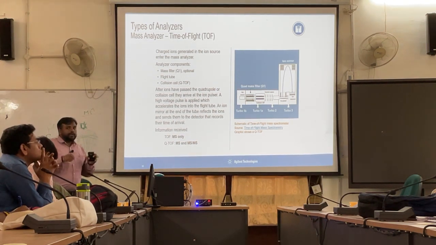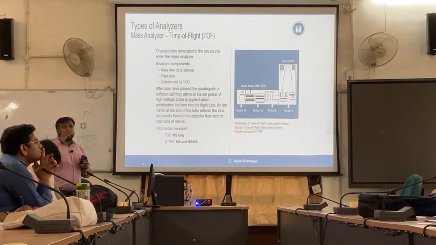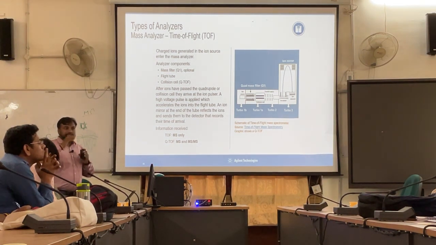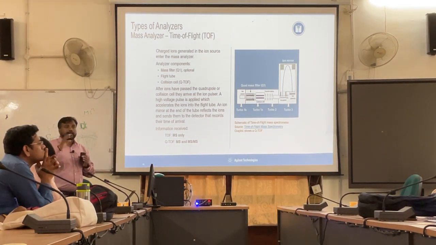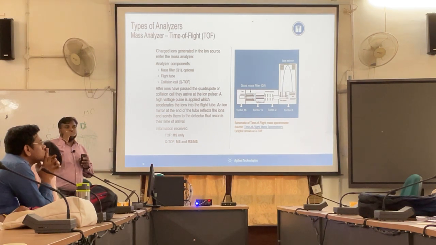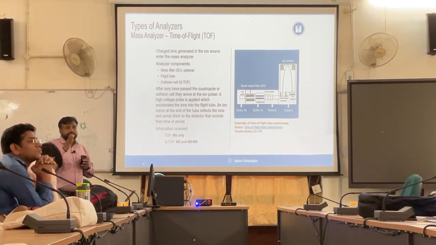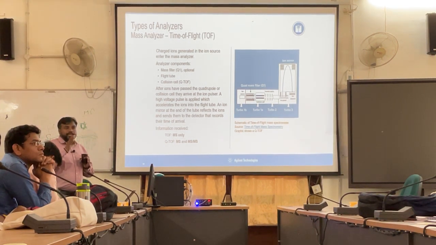At the quadrupole, as we discussed, we apply RF and DC voltages, a limited RF and DC based on the molecular m/z, and only that particular ion would travel through the quadrupole and reach the next level.